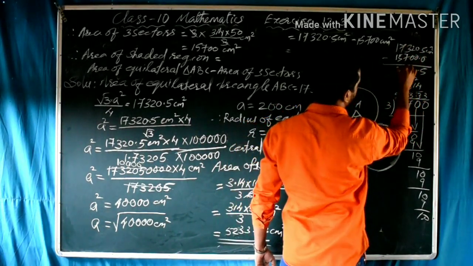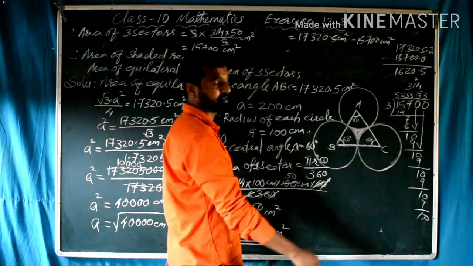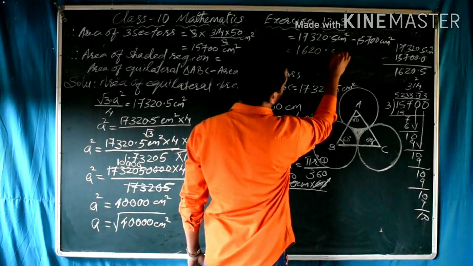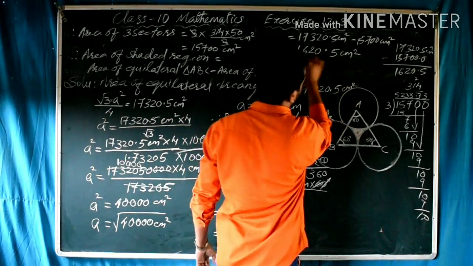Then 6 minus 5, that is 1. So what is the answer? 1,620.5 centimeters square.